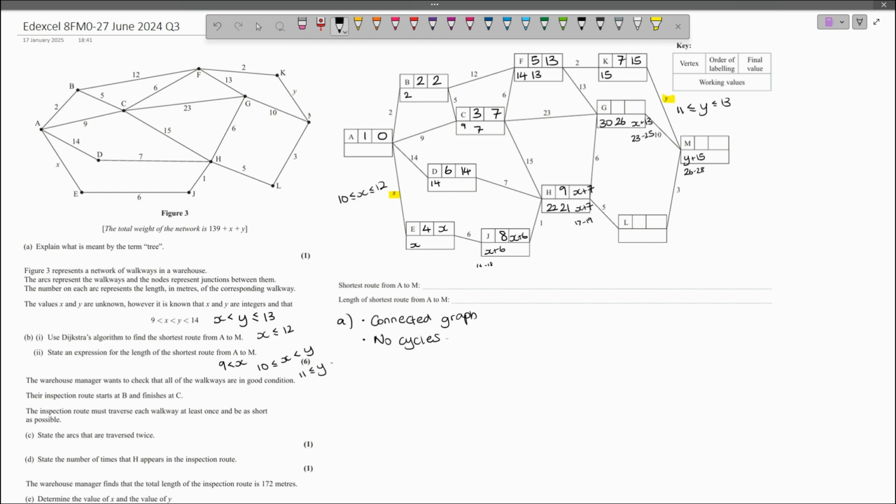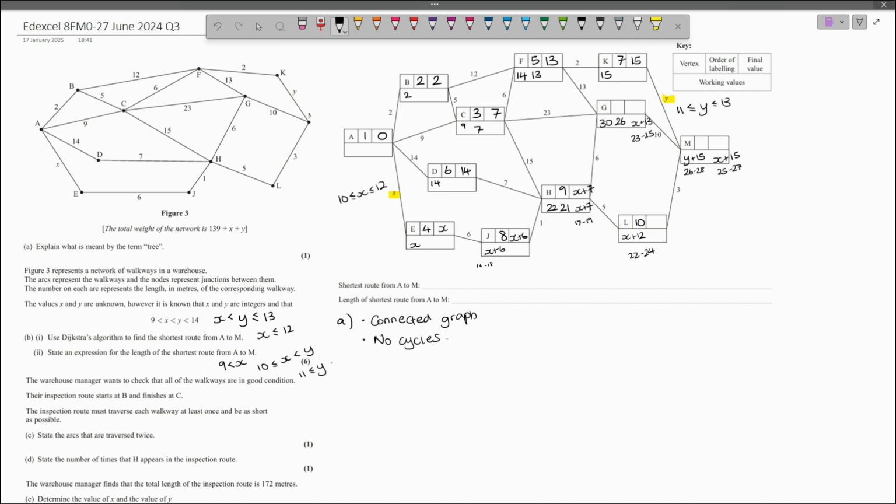L is going to get a working value of x plus 12, which is between 22 and 24. x plus 12 is smaller than x plus 13, and both of those are smaller than y plus 15. So I'm going to visit L next, and M now gets a working value of x plus 15, which is between 25 and 27.